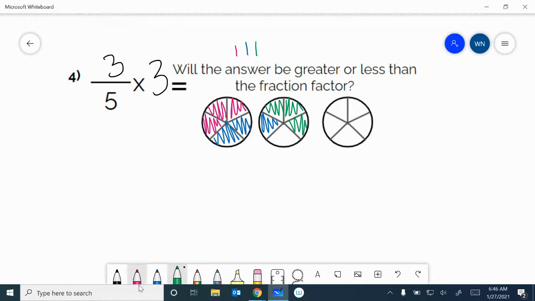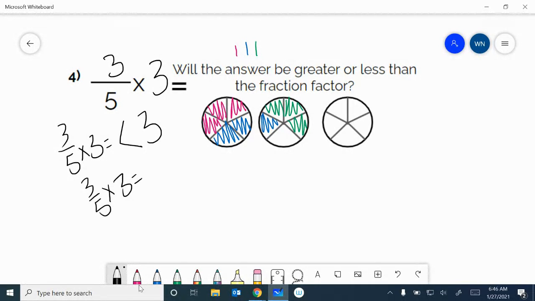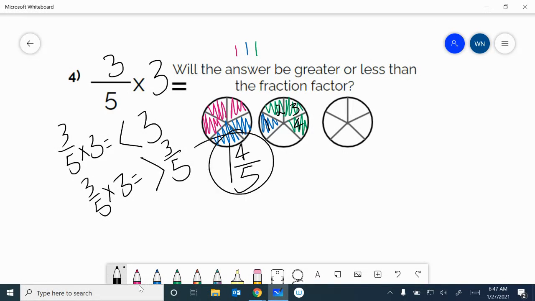That's our third time. So let's estimate. 3/5 times 3 is going to be less than 3. And 3/5 times 3 is going to be greater than 3/5. Because I know that this is one whole and this is 1, 2, 3, 4/5. 1 and 4/5 should have been your answer. I hope that's what you got.